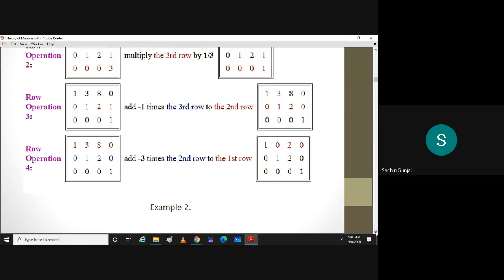Are you getting my point? But that 5 is not helping you to make that 4 zero. So obviously most of you will divide the first row by 5, isn't it?